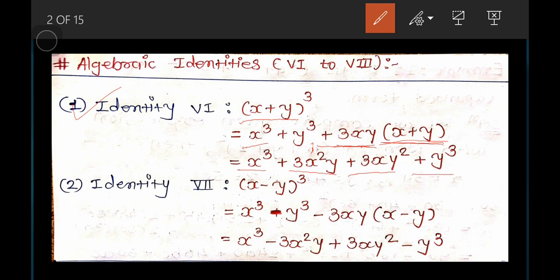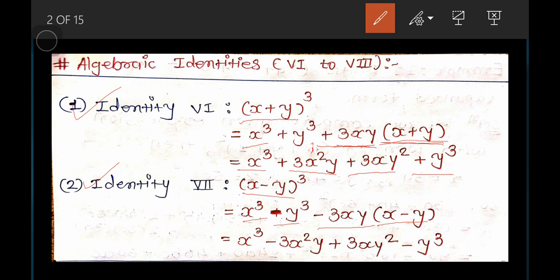Now about identity number 7, that is (x minus y) cube. We can expand this cube as x cube minus y cube minus 3xy into (x minus y).